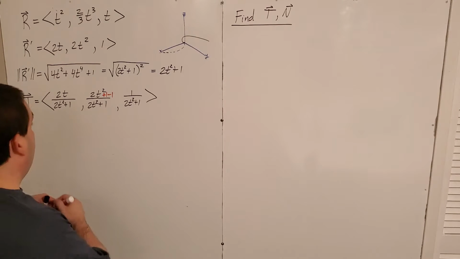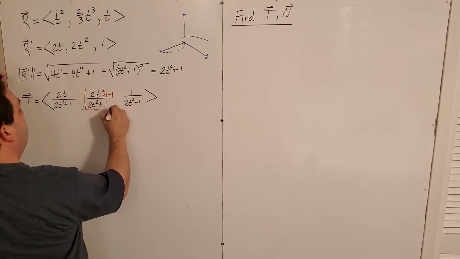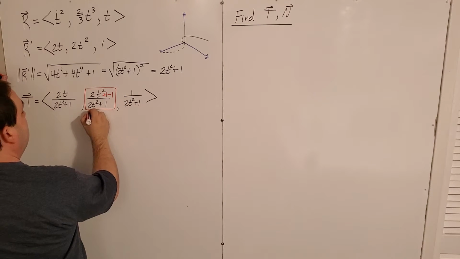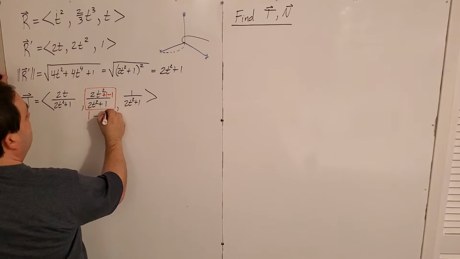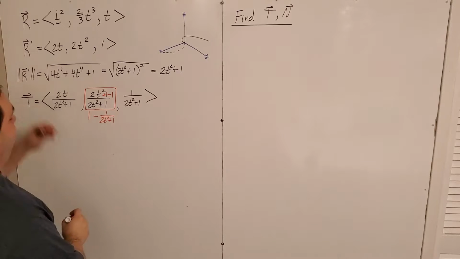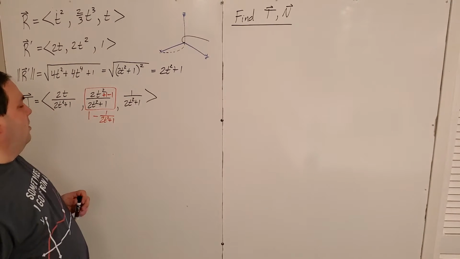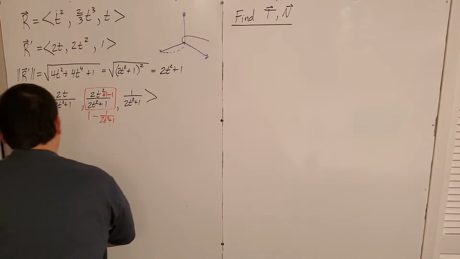So this middle piece right here, I am going to rewrite as 1 minus 1 over 2t squared plus 1. And the only reason I do that is it just makes my derivatives a little bit easier, that's all.